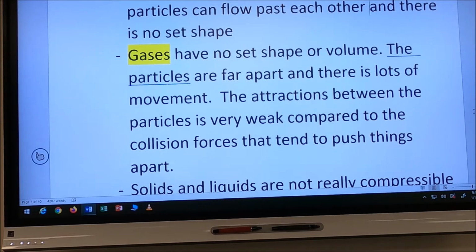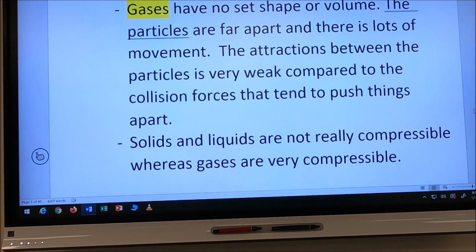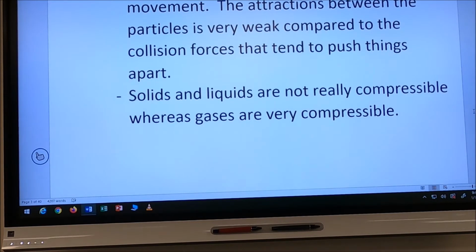Here, the attractions between the particles are very weak compared to collision forces when they hit each other and push apart. So, solids and liquids are not really compressible, which means you can't squeeze them down into a smaller volume. Gases are very compressible. They can easily be squeezed down into a smaller volume.